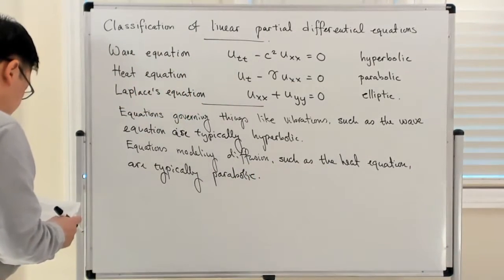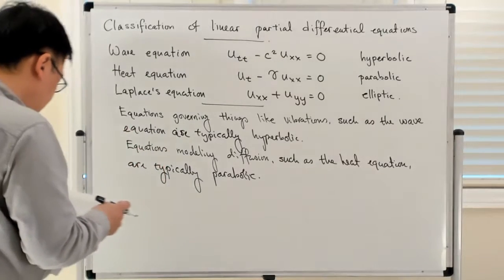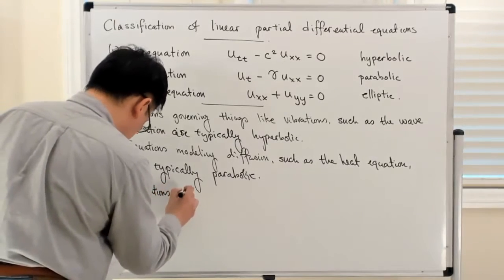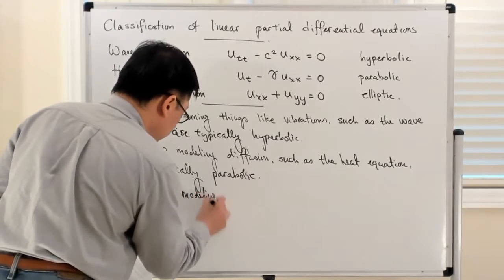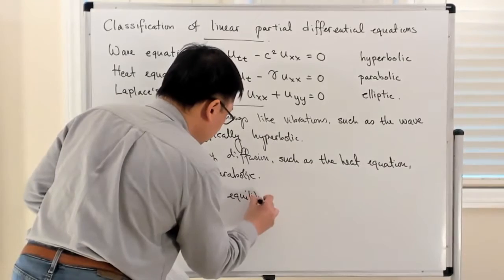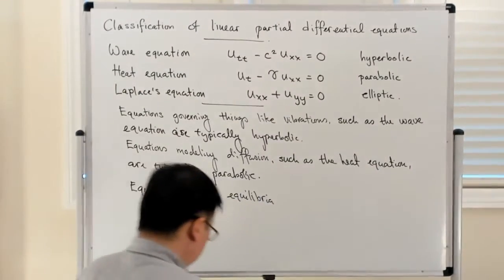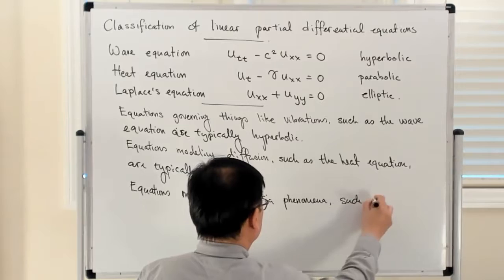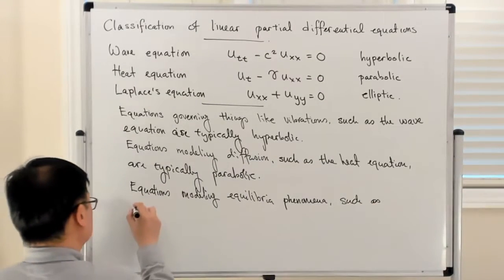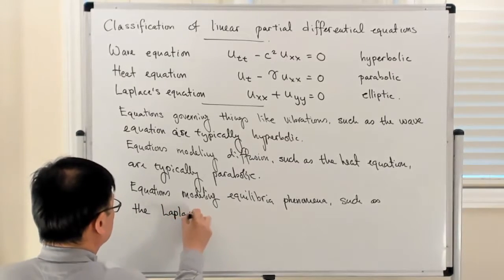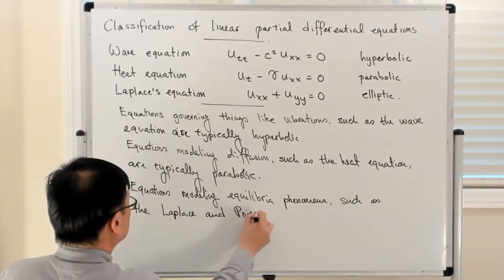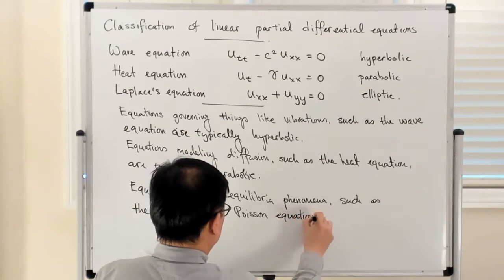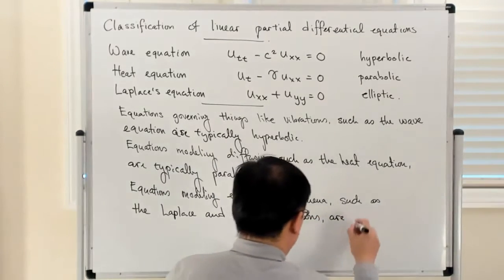Okay, and equations which model things involving equilibria, such as the Laplace and Poisson equations, are typically elliptic.